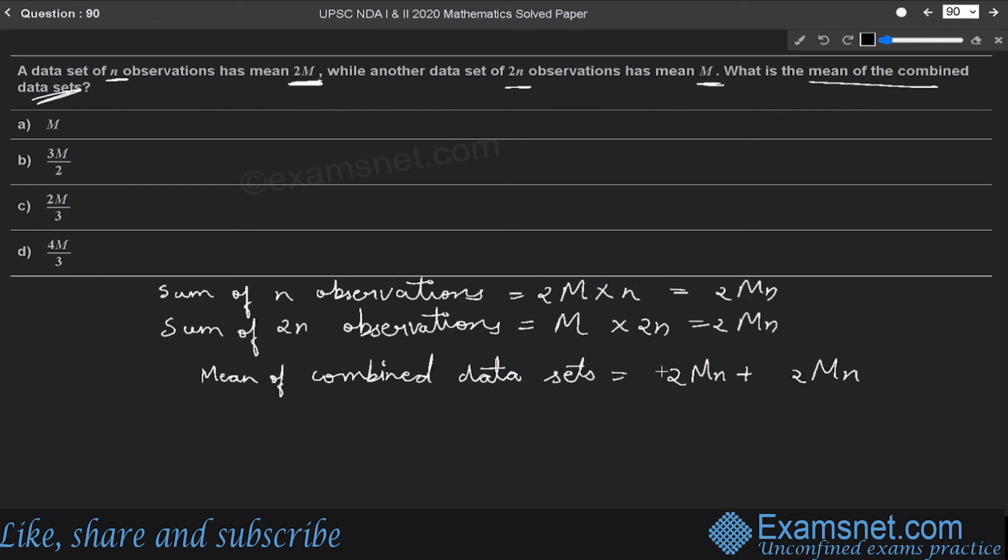So we will add both the values upon n plus 2n. See, we have to add the total number of observations also. For first case the observations is n and for the second case the observation is 2n. Therefore n plus 2n. So it will give 4 by 3 m. So this is the mean of the combined data set. So correct option for this question is option number D, which is 4m upon 3.